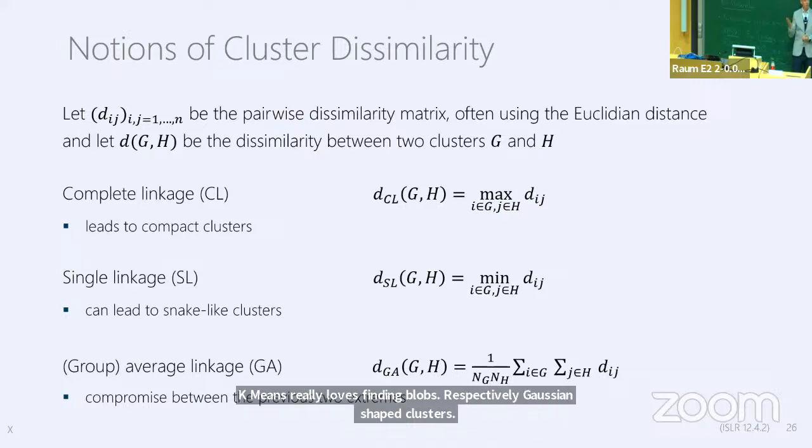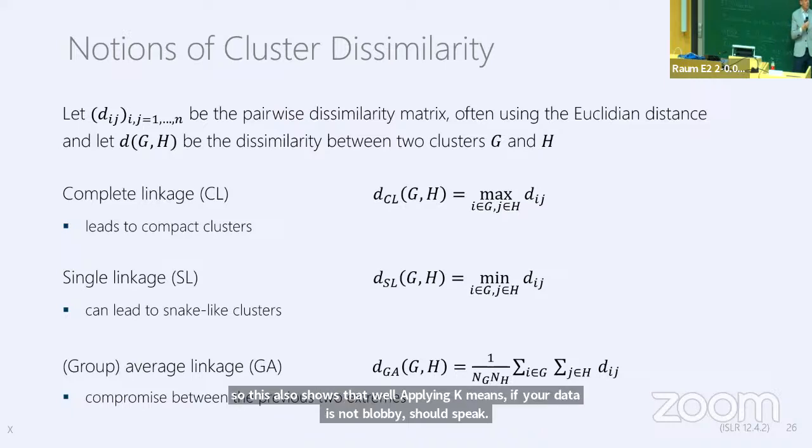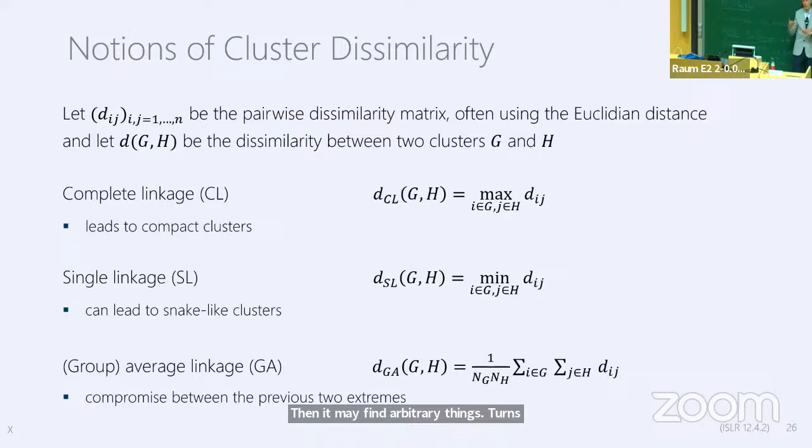So applying k-means, if your data is not blobby, so to speak, it may find arbitrary things. Turns out that many data sets are indeed quite blobby, until you have the one that is not. Hence k-means is not the panacea, not the ultimate method. It just doesn't exist.